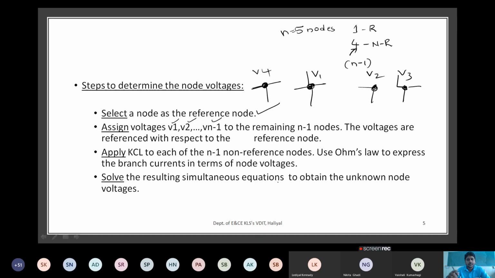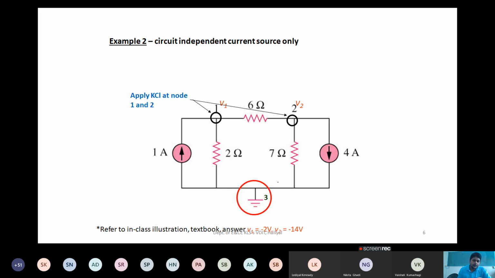Coming to the same problem here. Once the circuit is given to you, what is the first step? You have to identify the reference node. The second step is to identify the non-reference nodes, right? You can label the voltages as V1 and V2.